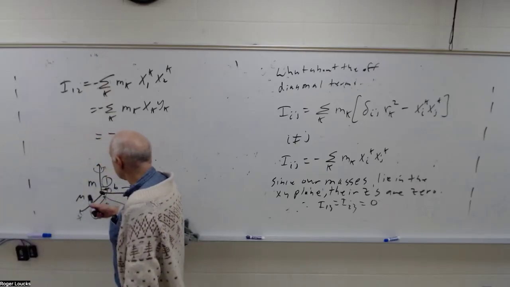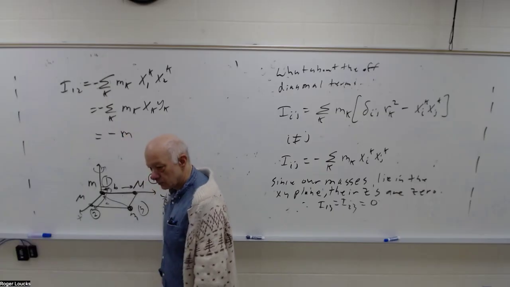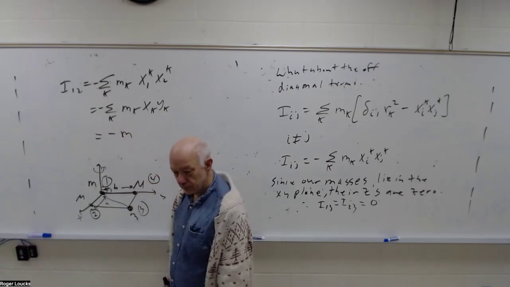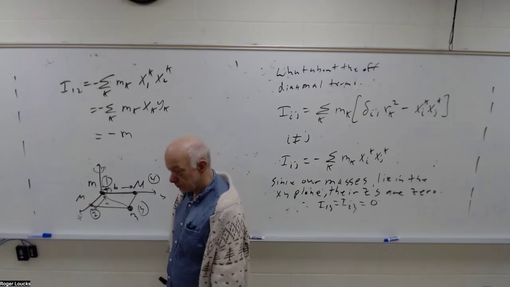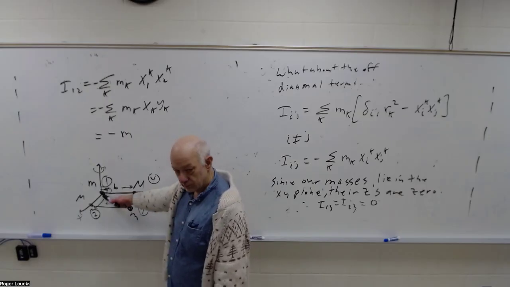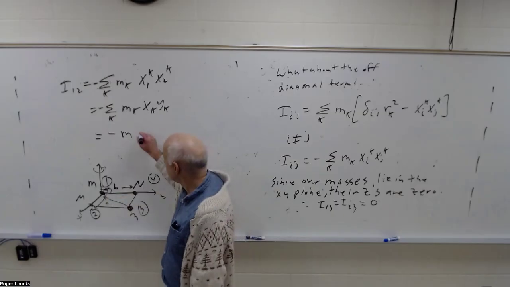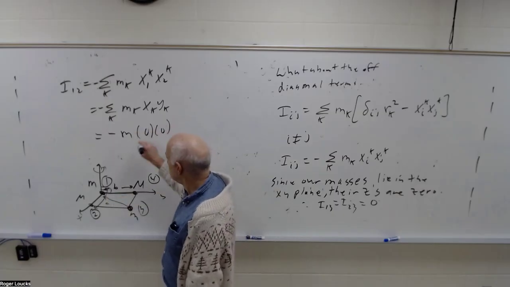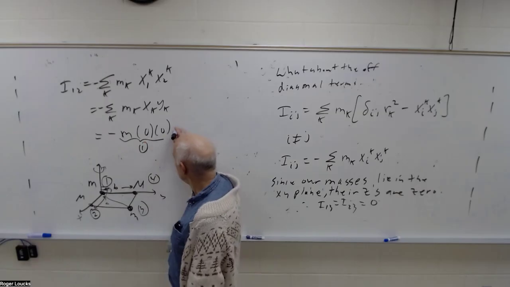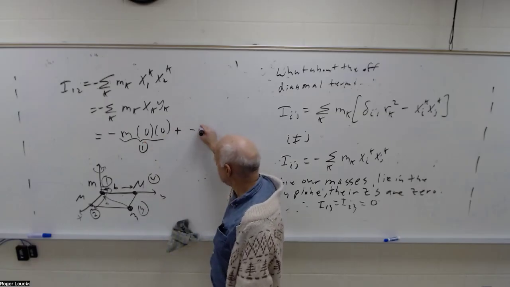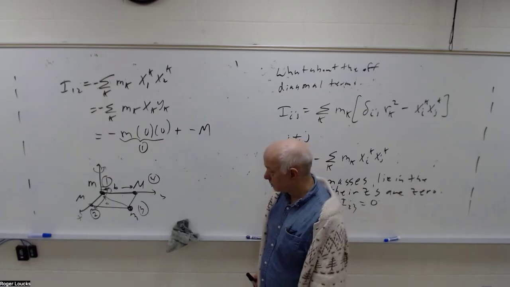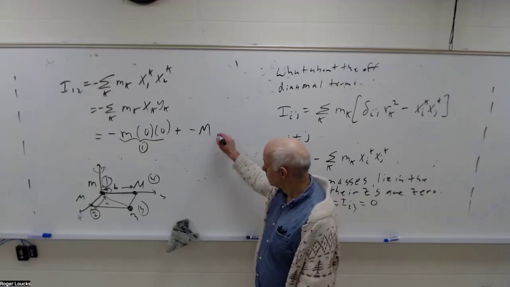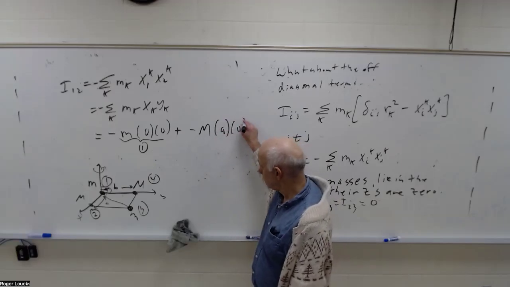So what's my center guy? Zero. Right, this is 0 from 2. Now the second, minus big M, A times 0, which is also 0.